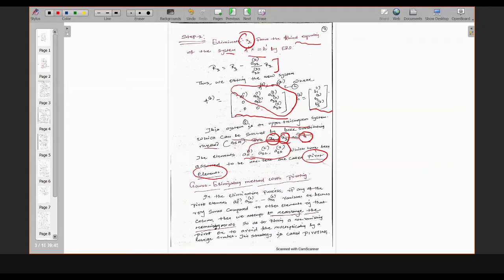In that case, you need to apply the pivoting strategy. So now, Gauss elimination method with pivoting. I explained why you need pivoting in the elimination process: when you apply elementary row operations, you are eliminating variables. If any of the pivot elements, that is your diagonal elements, vanishes, that means it becomes 0 or very small.